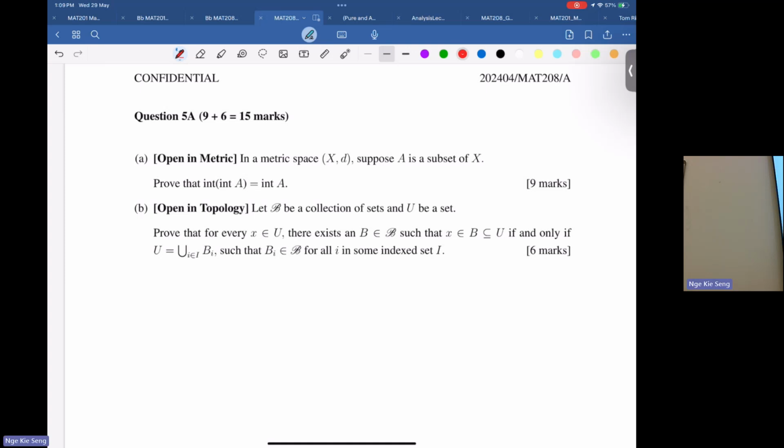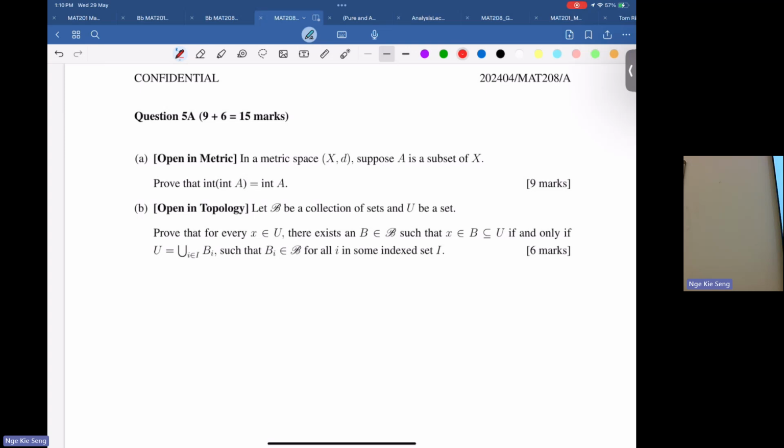So if int A is open, then you just get int(int A) equals int A. Even if you noticed that, I also gave you marks. You just skipped the definition of interior because we already proved in class that int A is open. But it's a similar proof.